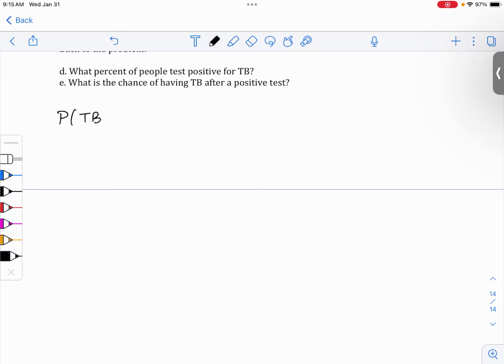This had a lot of detailed information and it wasn't presented in a standard way. So we know the probability of TB is 3 cases out of each 100,000. I could similarly find the probability of no TB, and we'll do that in a bit.